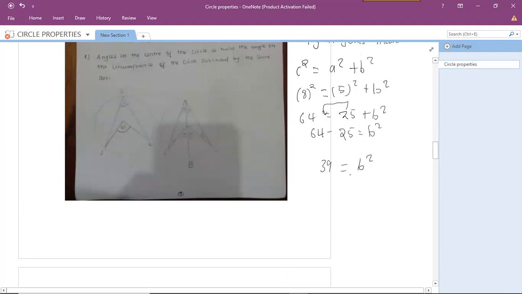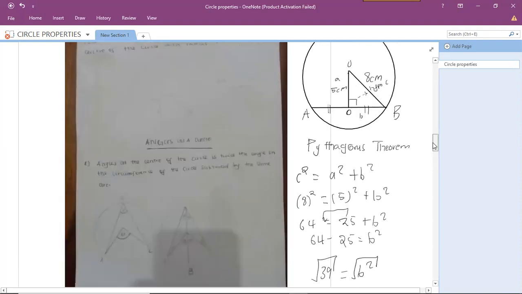To remove the b squared, we square root both sides. So b is the square root of 39. So the square root of 39, our distance will be 6.2.